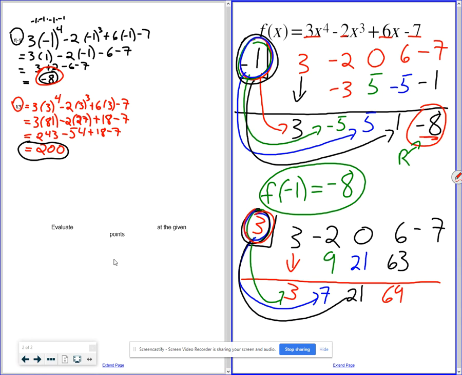And 3 times 69 is 207. And -7 plus 207 is 200.